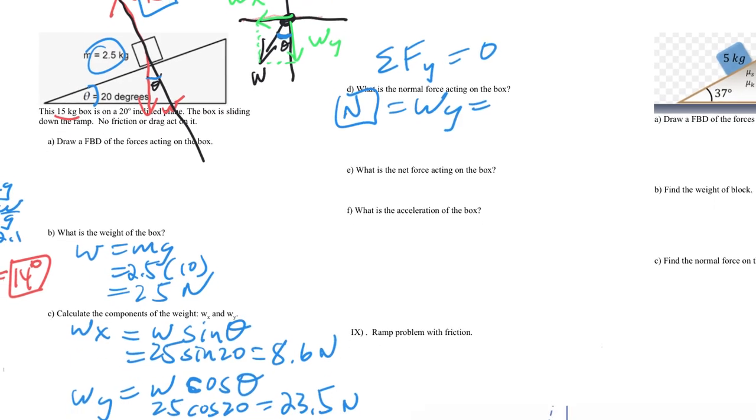The net force in the y direction is 0, so N has to balance out with the WY, the y component of the weight of the box. So we already found that to be 23.5.